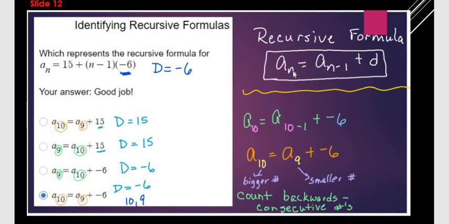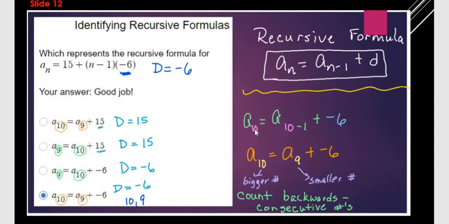So remember the n right here matches the n right here. If this is 10, then we put 10 right here. 10 minus 1 will give you 9. So the bigger number must be here on the left-hand side, smaller number right here. Count backwards consecutive numbers like 3, 2, 6, 5, 7, 6, 10, 9. These must be counted backwards in consecutive order.